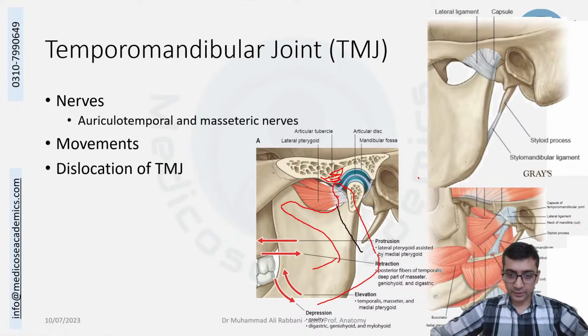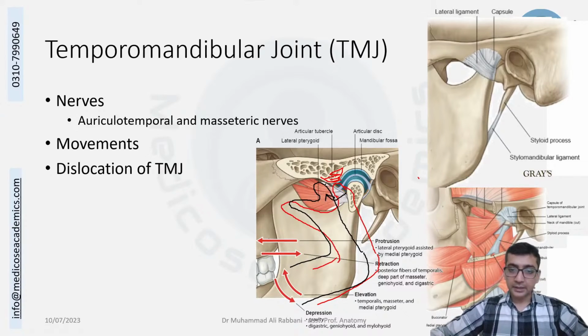It moves all the way to here with the coronoid process right here. See, it will move to this point.